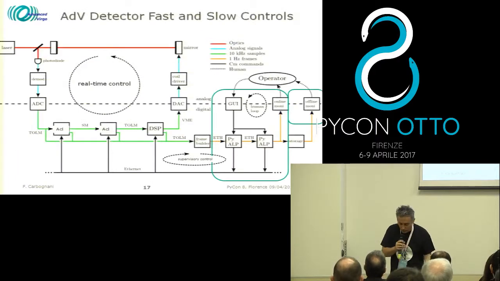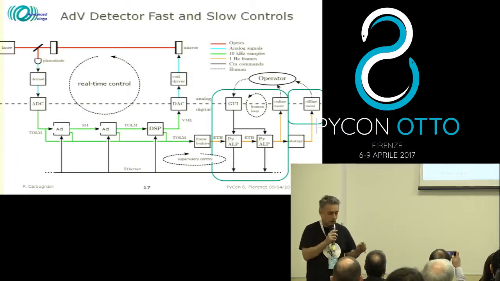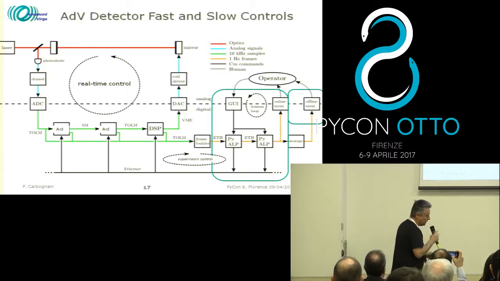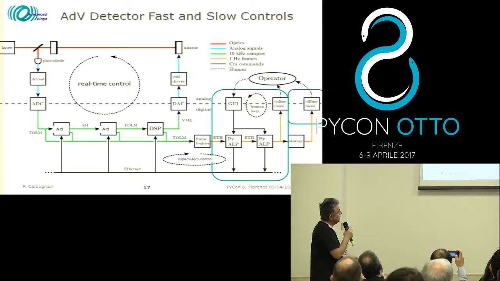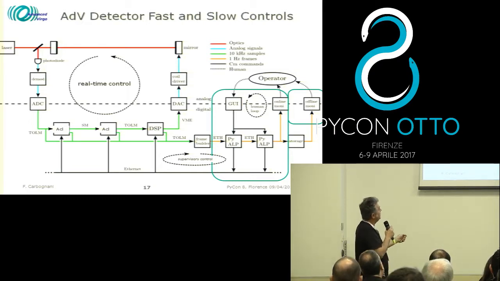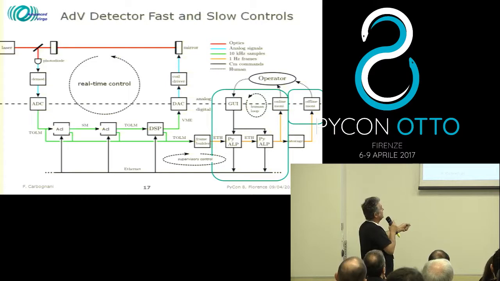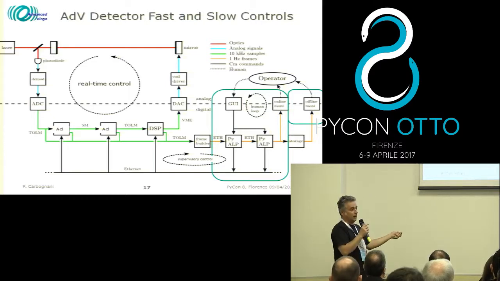So now let's have a look in more detail at what's going on concerning the use of Python. You see, we have a system that we need to control. We do it with two basic, different control loops. One is real time, and this real-time loop is running at 10 kilohertz, more or less. This is the sampling rate we are using.